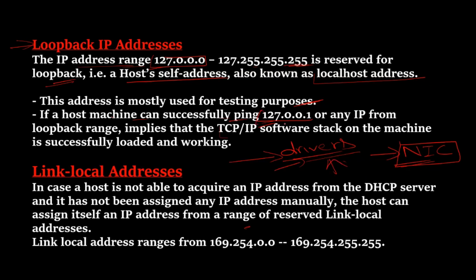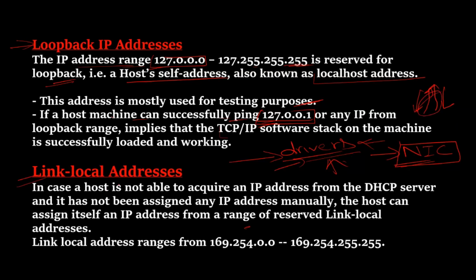When you ping 127.0.0.1, this IP will check for that driver. If the driver is available and this IP is available in the driver, it will create the loop. It will send the hello packet, and it will also receive the same packet. Then it will give the reply to the machine, and the machine gets the reply itself. So that is loopback.